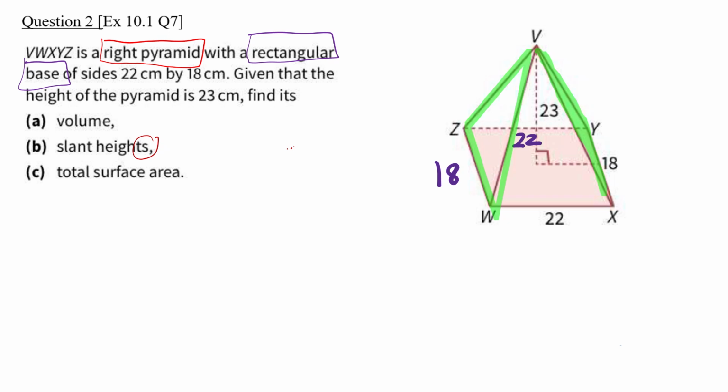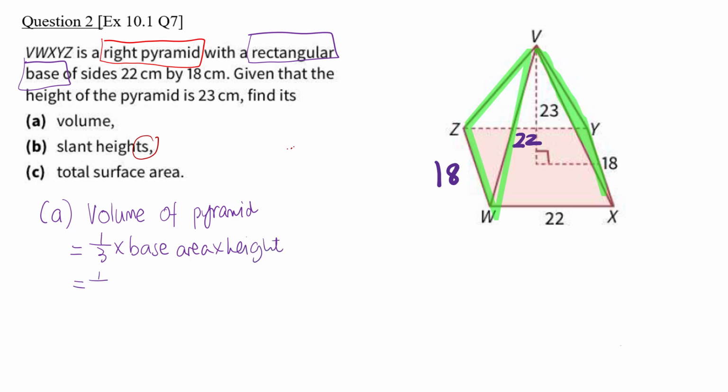All right, let's do part A. So for part A, finding the volume of the pyramid, this is not difficult. The formula is 1/3 times base area times height.